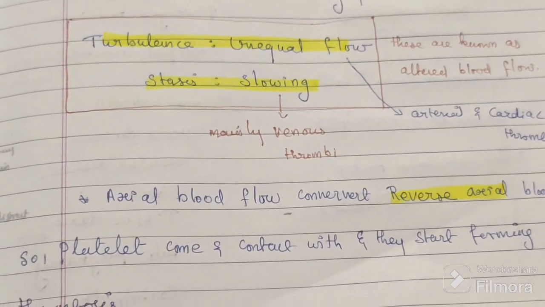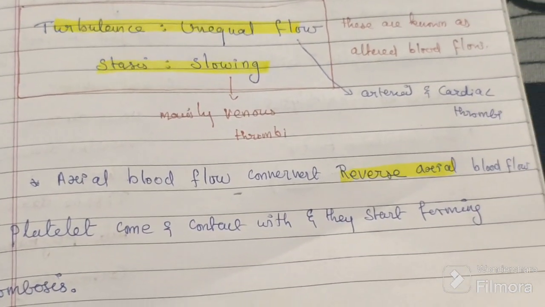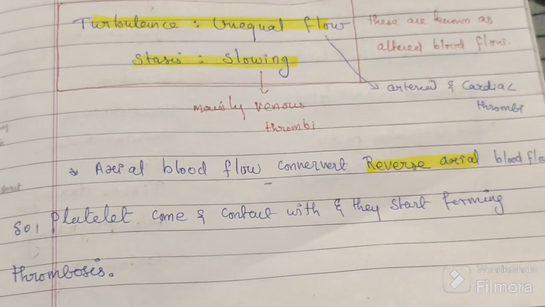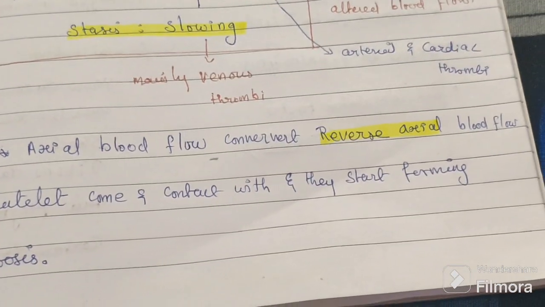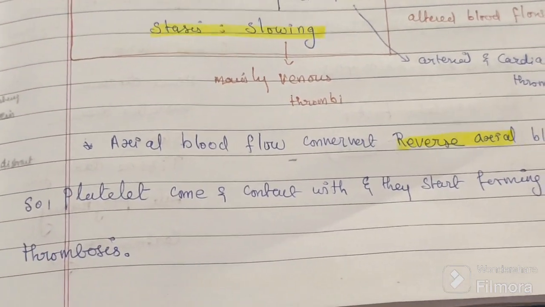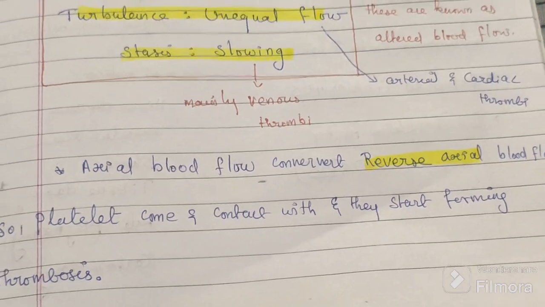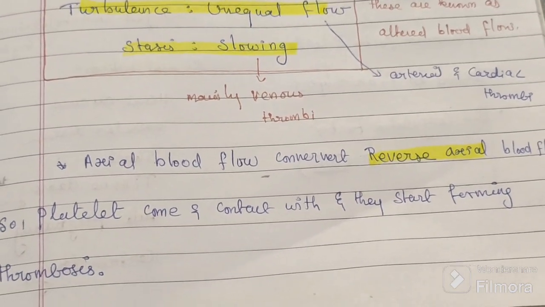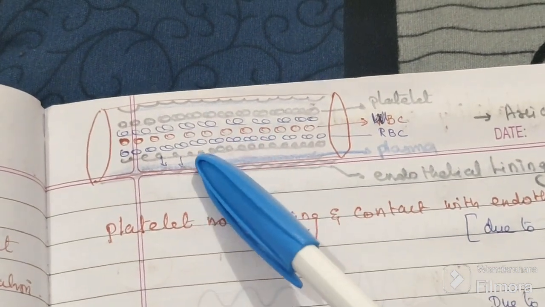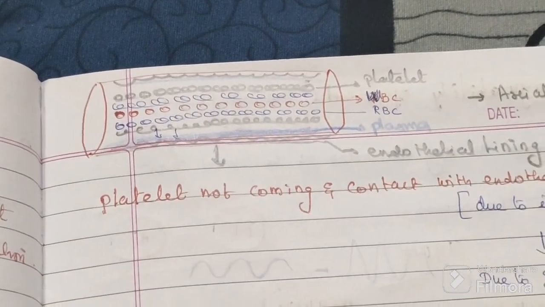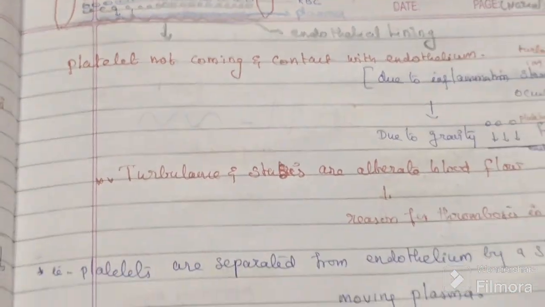So here the axial blood flow is converted. Okay, so the axial blood flow is disrupted and converted into reverse axial blood flow. So platelets come into contact with the endothelial cells, so they start forming thrombosis. So the platelets will come down and contact the endothelium, so it will cause thrombosis.